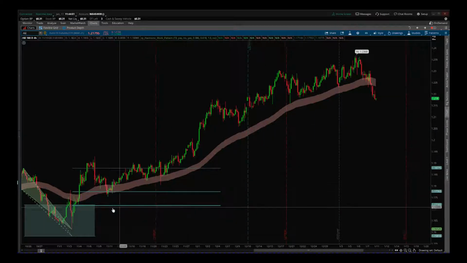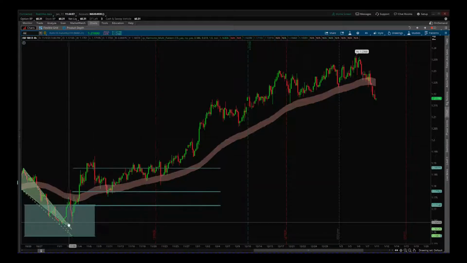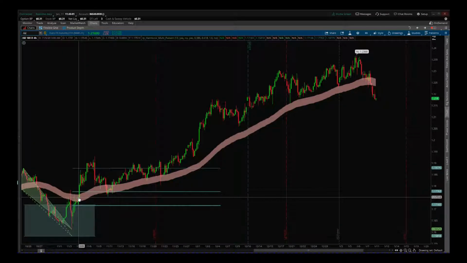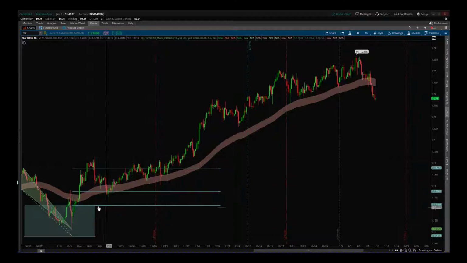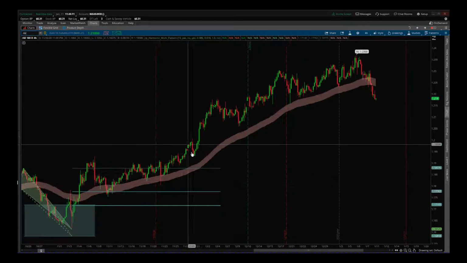So this trade was going all of this time, and you use that EMA cloud to manage that trade. This was a great trade from December.